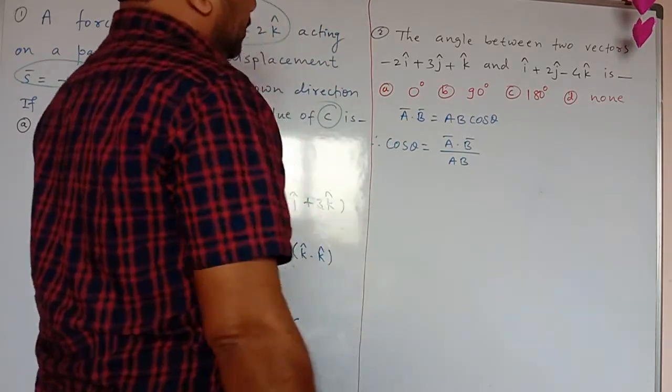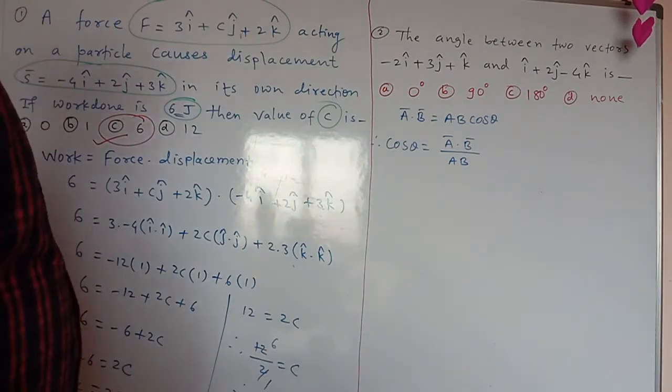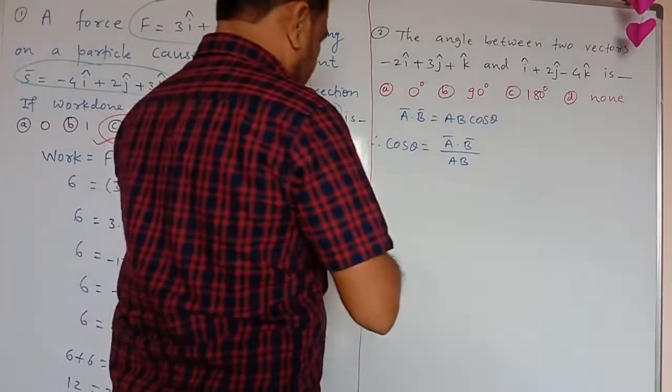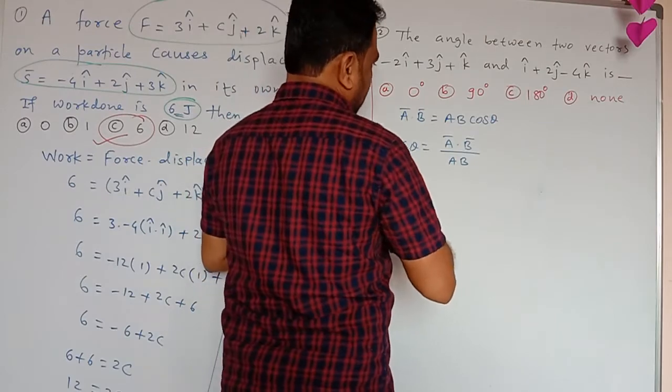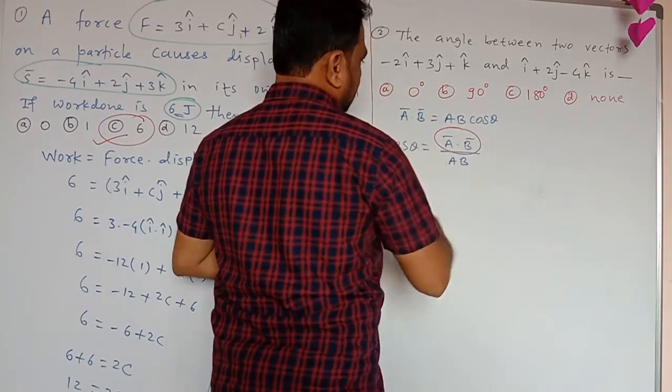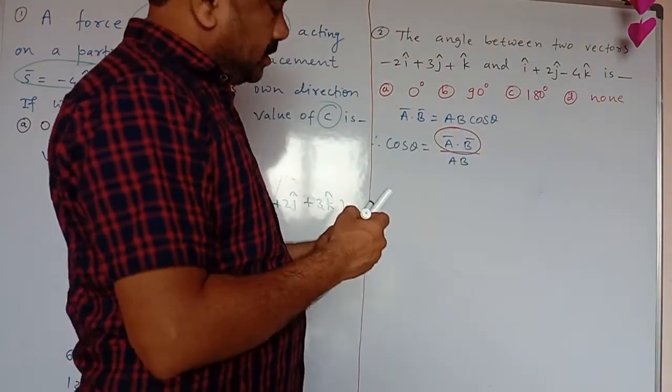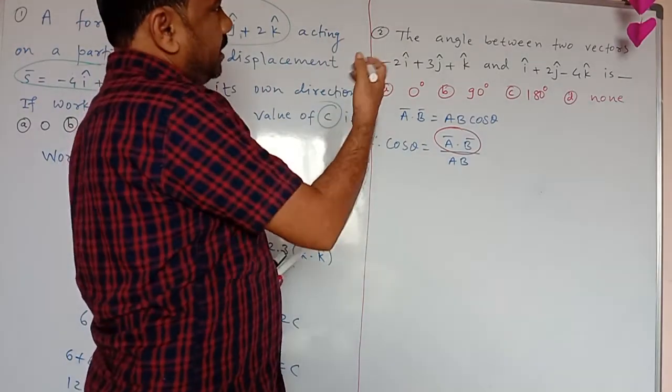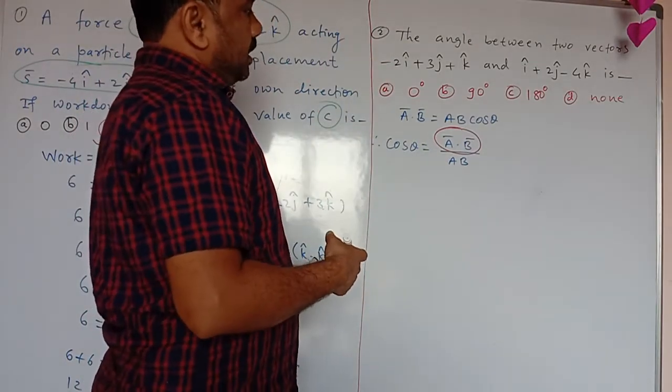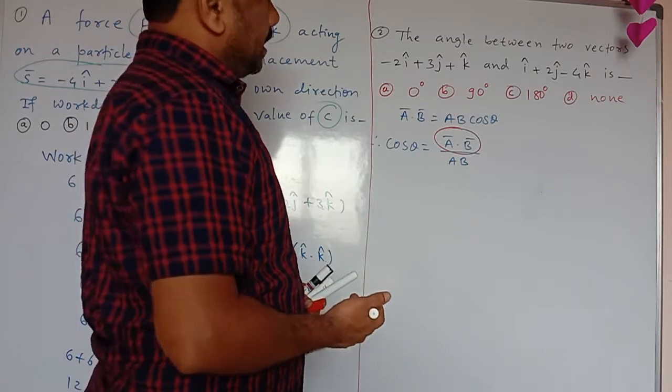Okay. So first of all we have to solve this vector A dot vector B. Because vector A has a value and vector B has a value, therefore we can easily calculate vector A and vector B.